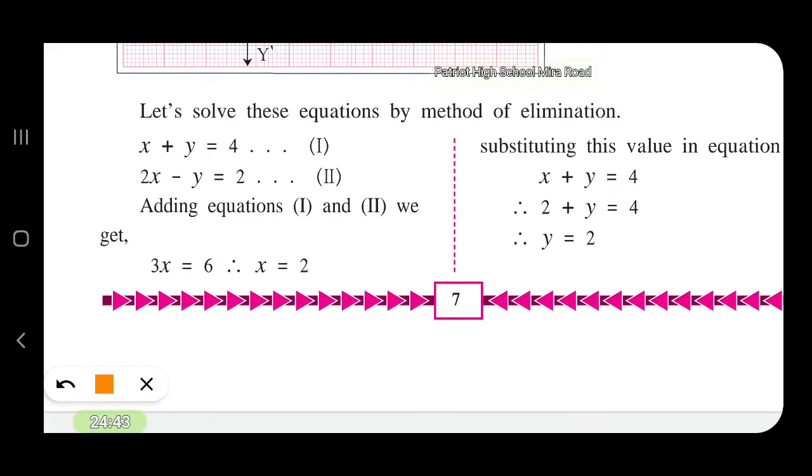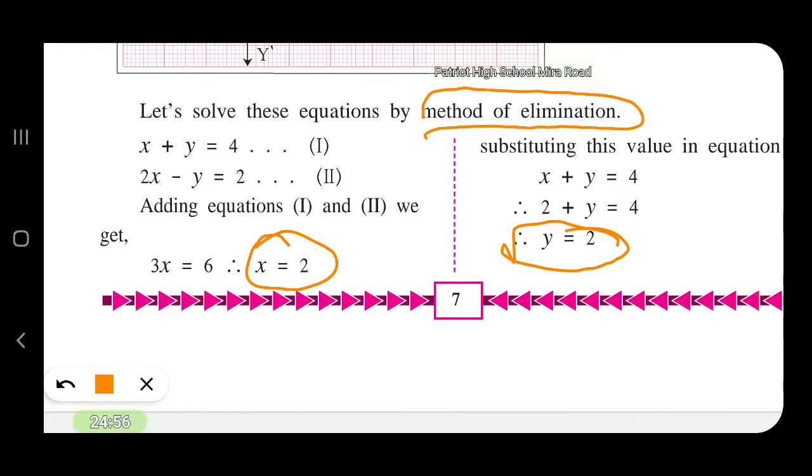So we have confirmed the values of x and y. By graphical method also you got the same values. By method of elimination also you got the same values. So both the methods are acceptable.